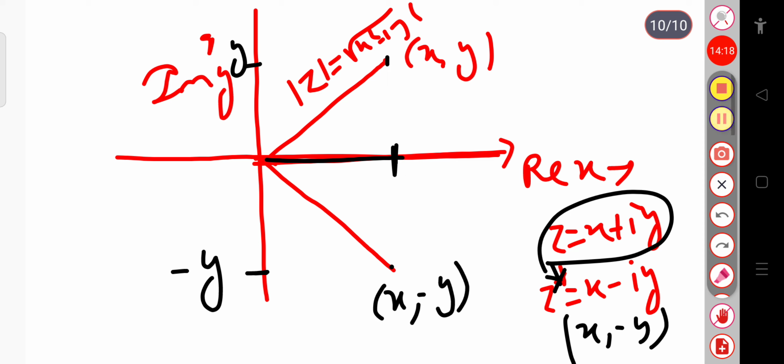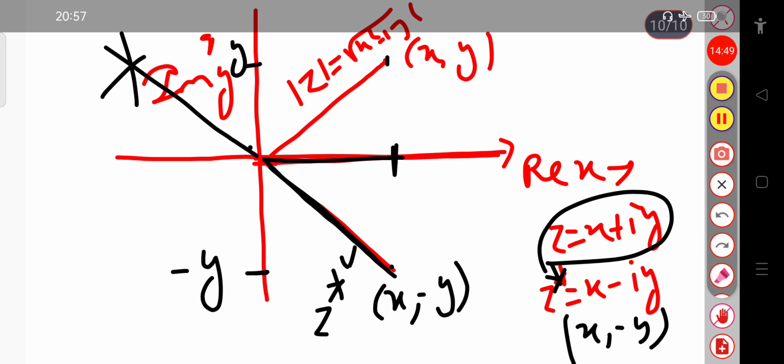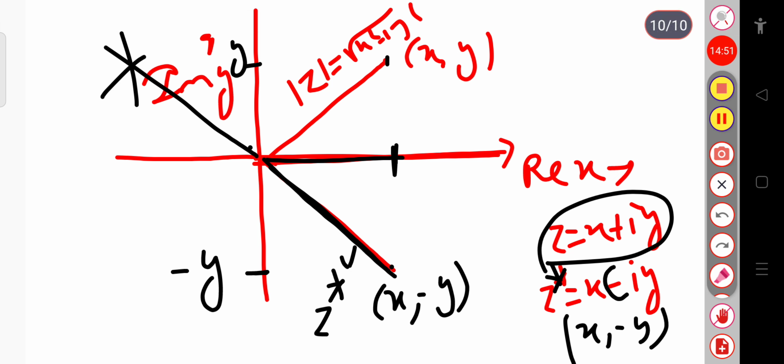So this complex conjugate will always lie on the mirror image with respect to the x axis. We can simply say that z star, the complex conjugate of z, is the mirror image with respect to the x axis only, not the mirror image about the y axis. That would be incorrect, because we are taking only the negative sign for the imaginary part.